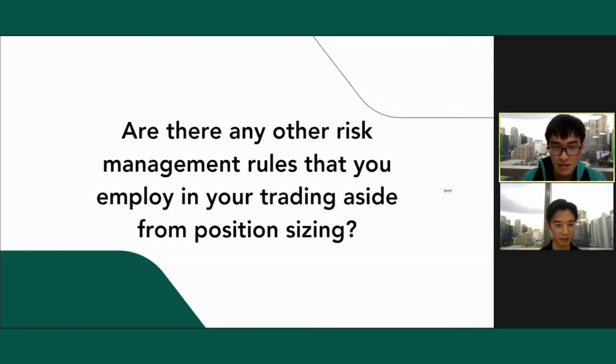Are there any other risk management rules that you employ in your trading aside from position sizing? Okay, so other than position sizing, like what I said, it's the exposure level. If you're risking 1% in one trade, and then you're risking another 1% in another trade, then you're risking 2% overall.